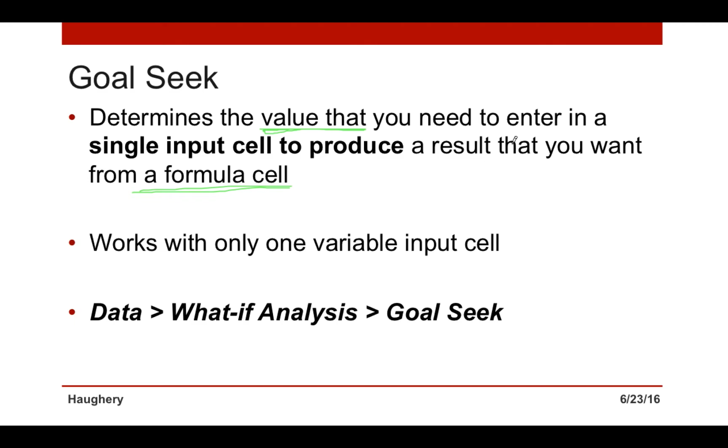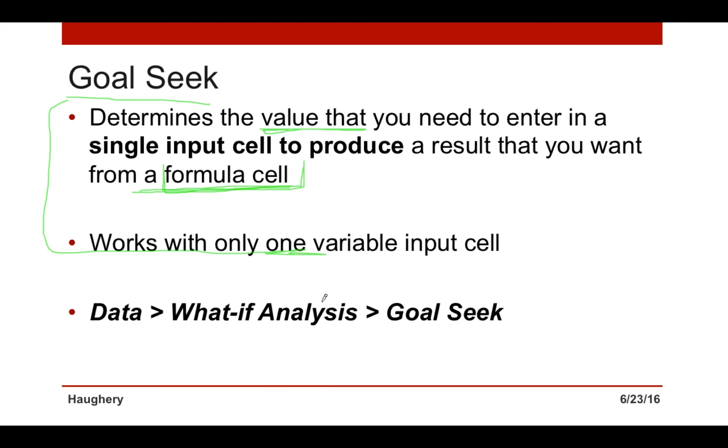A key part of this is that we need a formula already set up in Excel, and goal seek only relates to one variable. It can only manipulate one variable at a time. So if we have a function and an equation and we want to change one variable until we get a certain result, goal seek is our tool of choice.